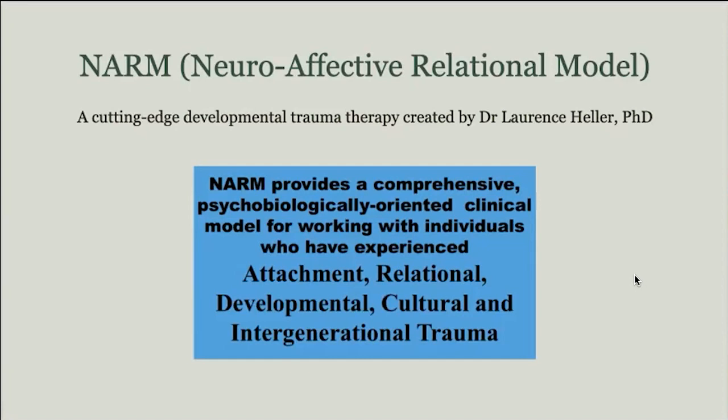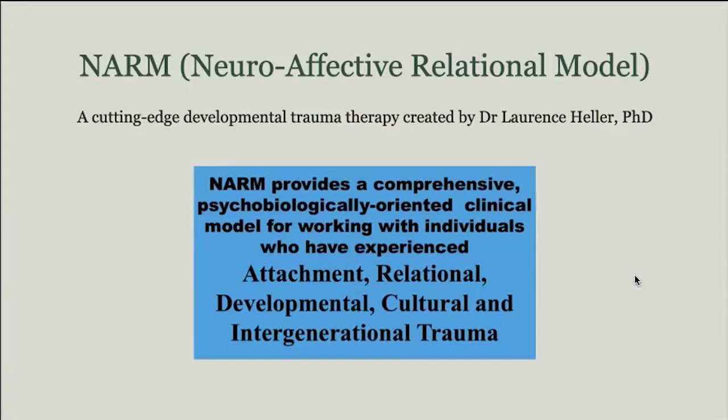As you can see in that blue box, this model can be applied to a whole variety of kinds of trauma, especially types of trauma where the sense of identity, the sense of self in the person changes, as in how the person comes to think about themselves, as well as their physiology.